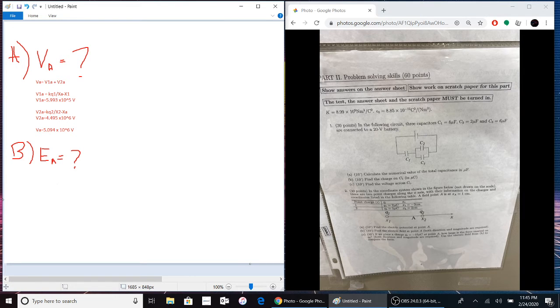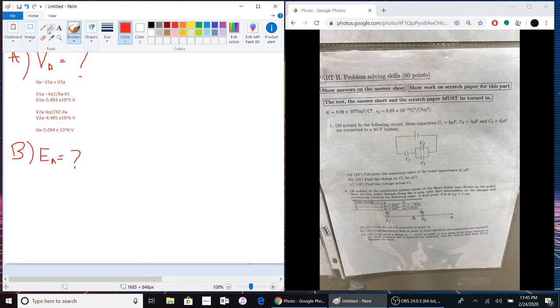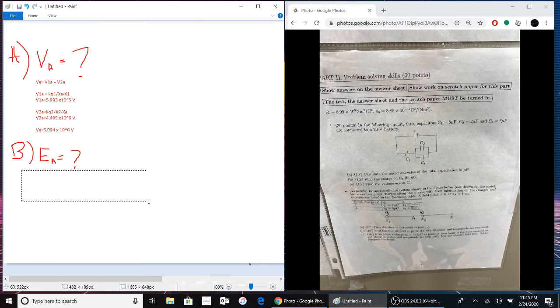It's going to be similar in that electric field works similar to electric potential. I'm just going to go ahead and type it out here. EA is equal to E1A plus E2A.